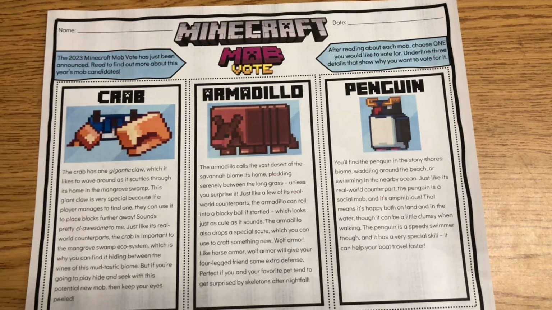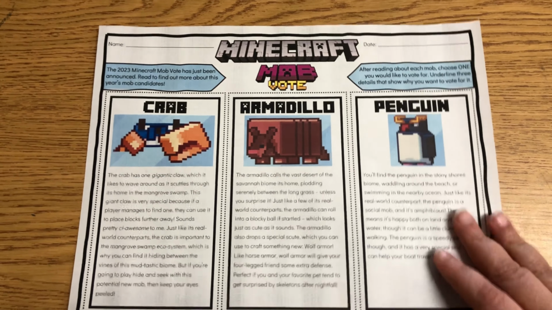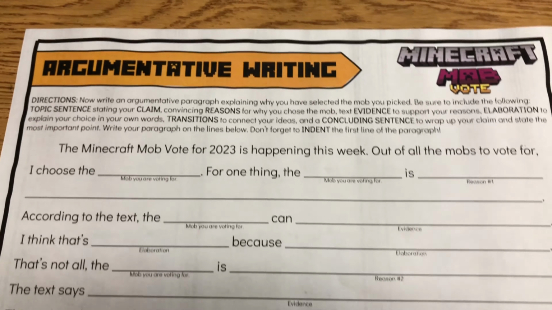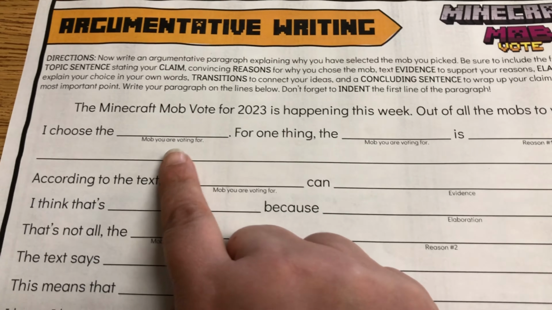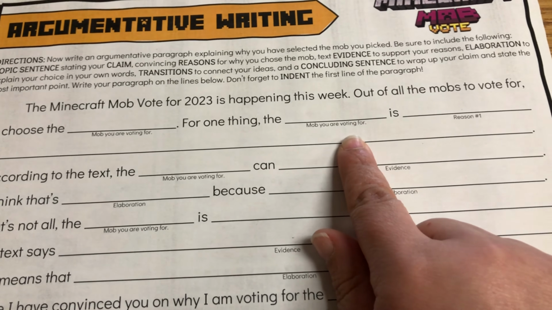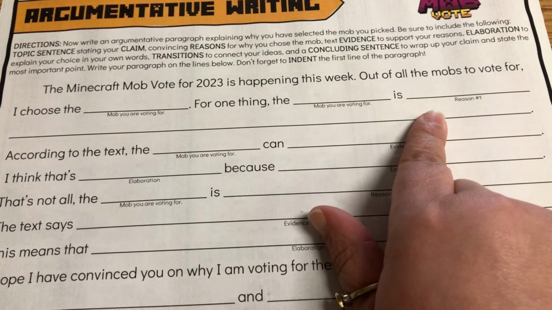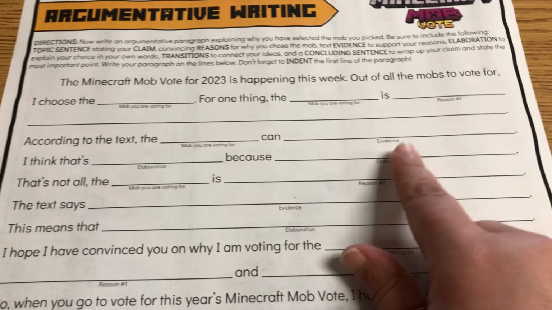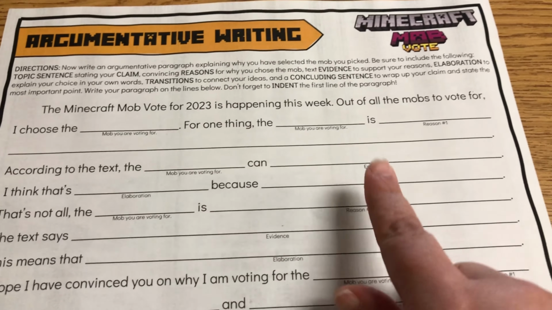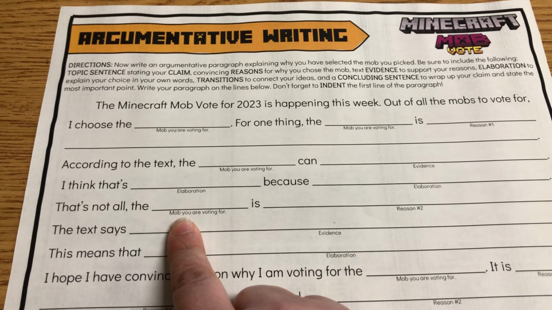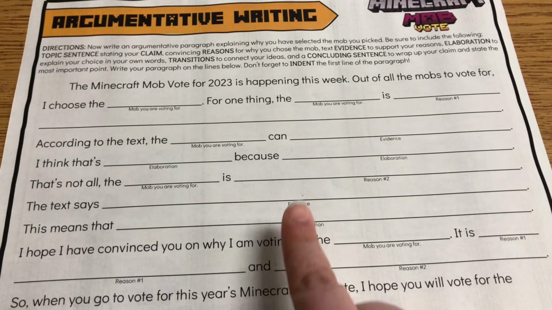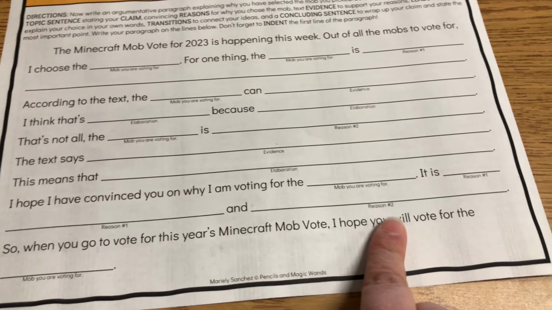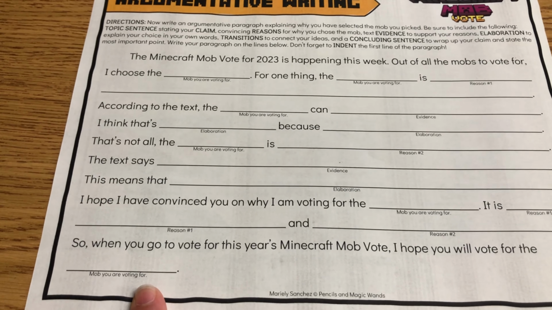So here is the mob vote. This side is the same, but then on the back, they have their paragraph frame. And as you can see, I made it pretty simple for them. They'll write their mob vote, which mob they're voting for, their reason one, then they're going to repeat the mob they're voting for, the evidence, elaboration, the mob, reason two, evidence, elaboration, the mob, reason one continued, reason two, and the mob they're voting for again.